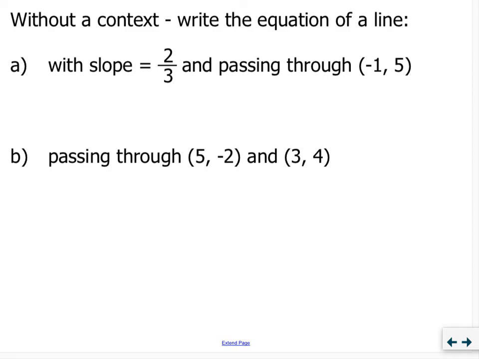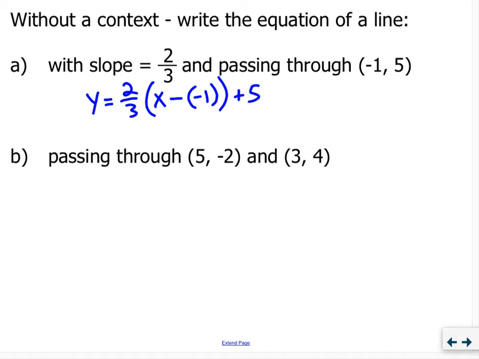So first of all, I don't need a context, so I can use X and Y. Here's my slope. Now, check this out. I want to take a second and write this. It's X subtract the H value, the X value of my data point. So it's going to be X subtract -1. So notice how I use the parentheses to show that I'm subtracting -1.